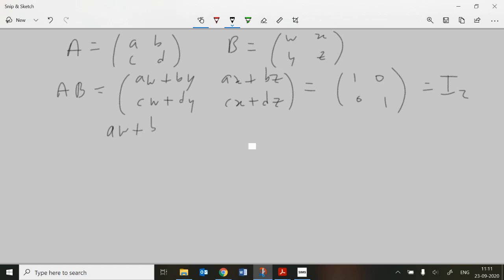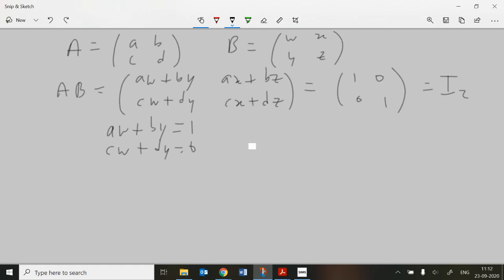We've got aw plus by equals 1. We've got cw plus dy equals 0. I'm just equating these things to these things here. Of course, we can come up with 2 more equations by setting these things equal to this and this as well. Okay, now I'm not going to write down the other 2 because I'm only going to do one of these parts here.